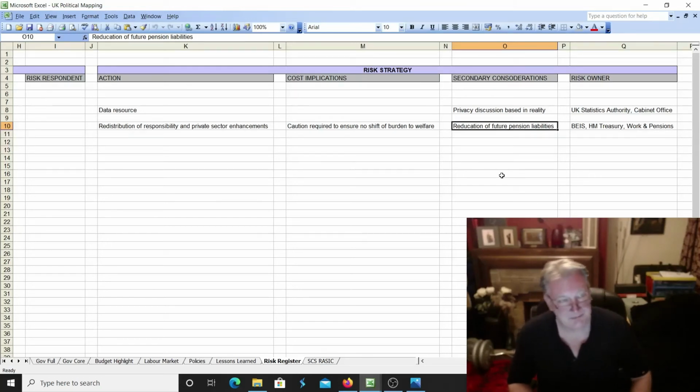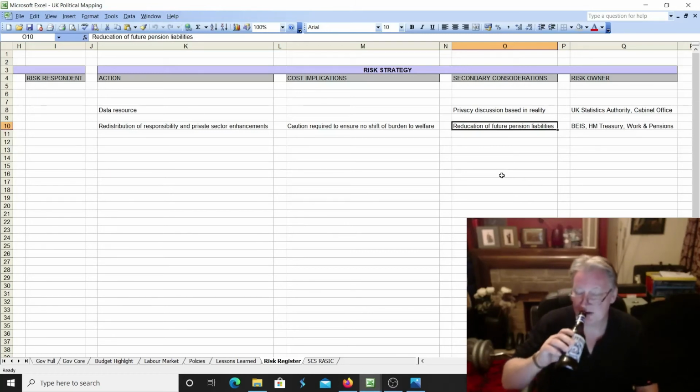Other people, like high-level civil servants and MPs in particular, they are on massive pensions, and so areas around that need to be considered. But the overall wider perspective as to the numbers where that liability is held, this is where we need to be taking it into consideration as well.